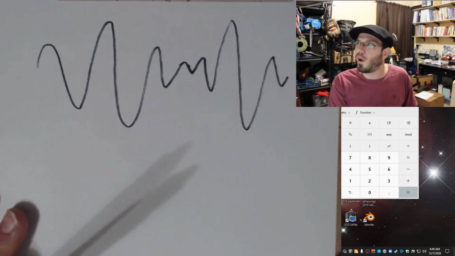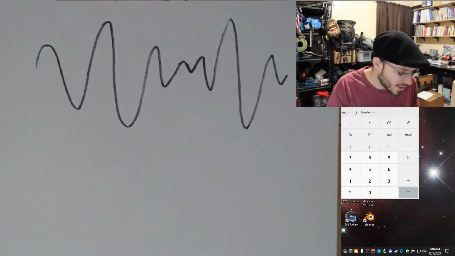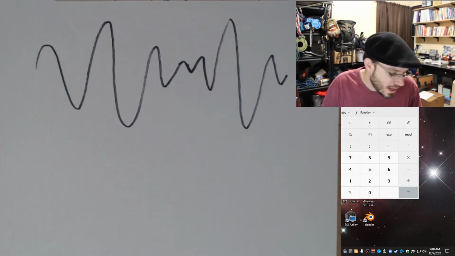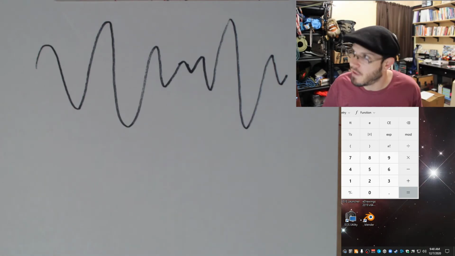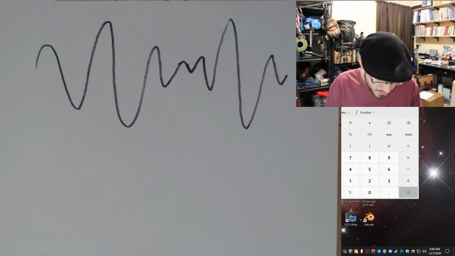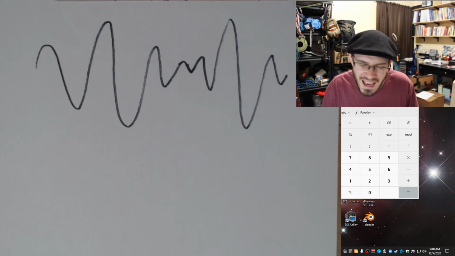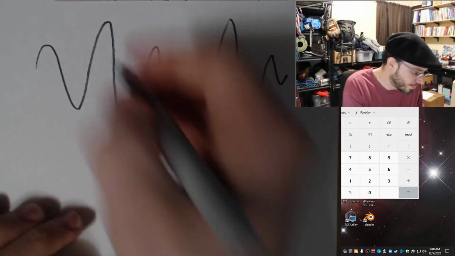Okay, so as far as a complex sine wave is concerned, now this is known as a continuously time varying signal.